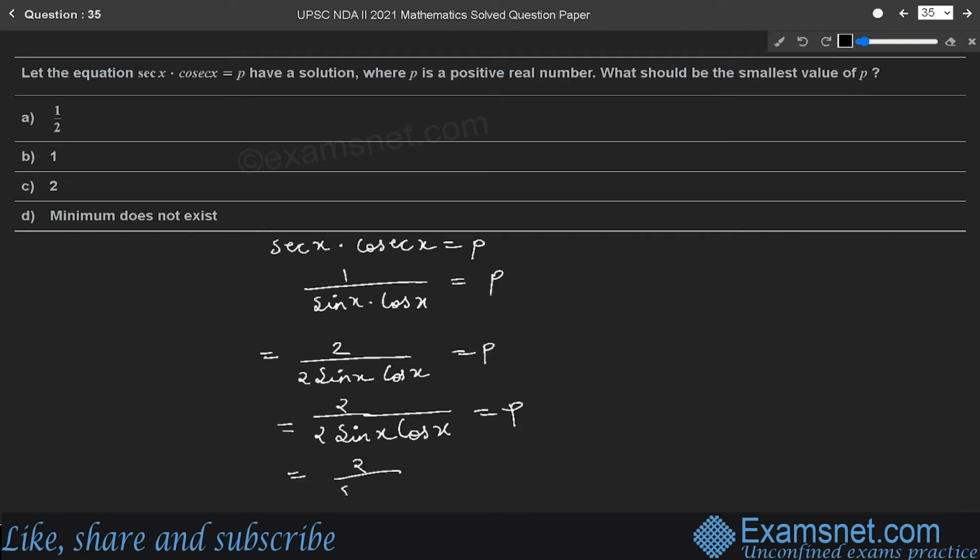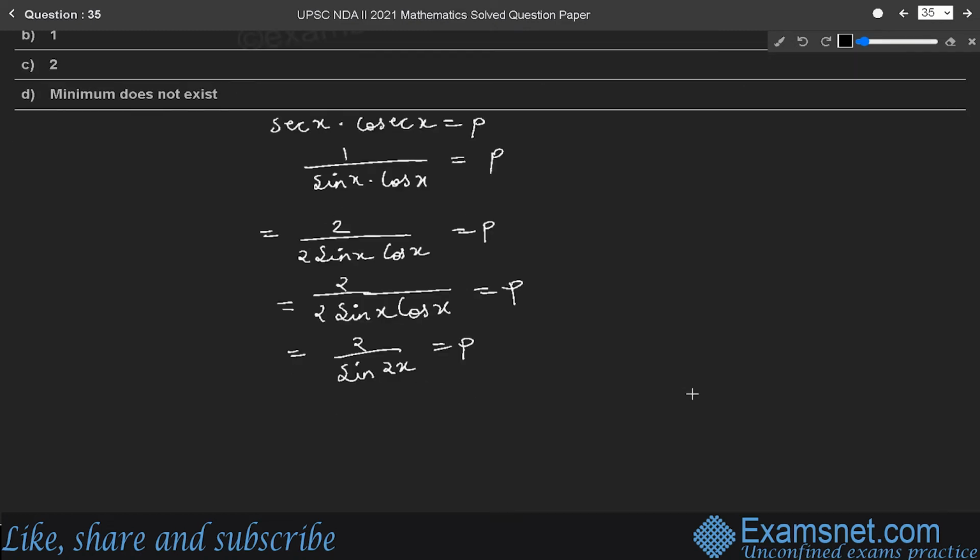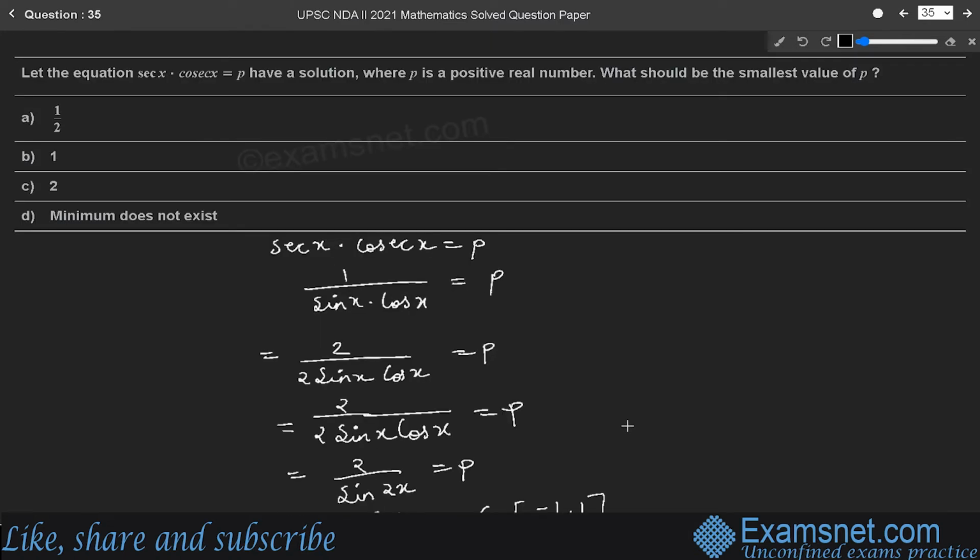So it will be 2 upon sin 2x is equals to P, where sin 2x belongs to minus 1 and 1. So if sin 2x is 1, then P will be equals to 2, and this will be the smallest value for P. Therefore, we can say that the smallest value for P will be 2. So the correct option is option number C.